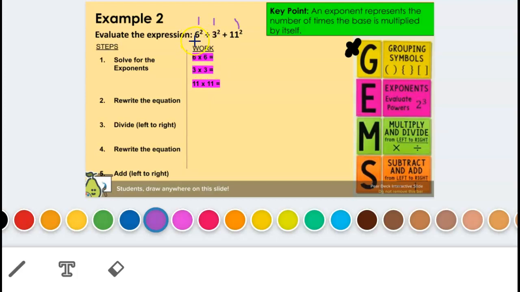Remember, it is the base number multiplied by itself however many times the exponent tells us to. So it tells us to multiply 6 by itself 2 different times. So we have 6 times 6. And 6 times 6 is 36.